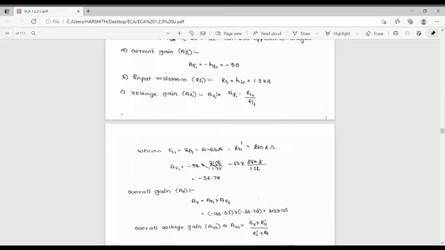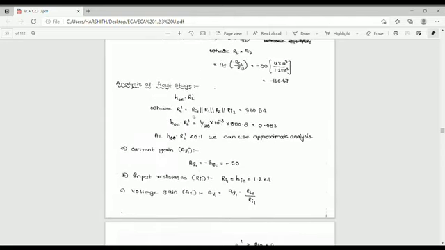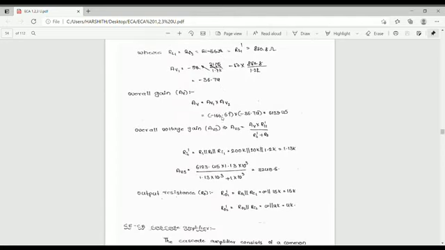And overall voltage gain AVS. The formula is AVS equals AV into RI1 by total resistance, that becomes RI1 plus RS. RI1 is all parallel, we can calculate. That is R1 parallel with R2 parallel with RI1, 200k parallel with 20k parallel with 1.2k, that becomes 1.13 kilo ohms.